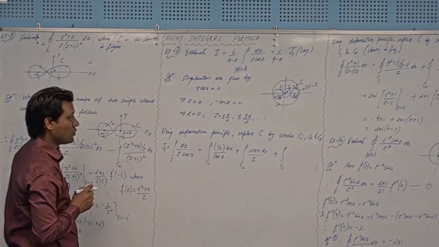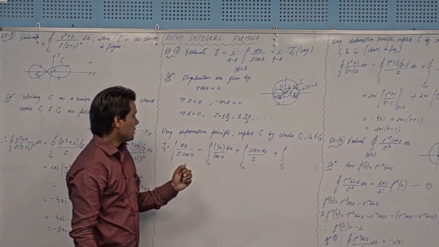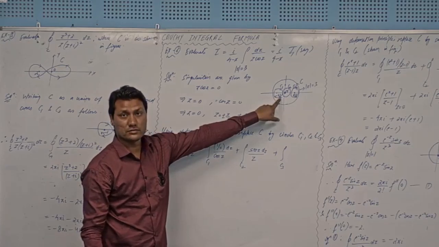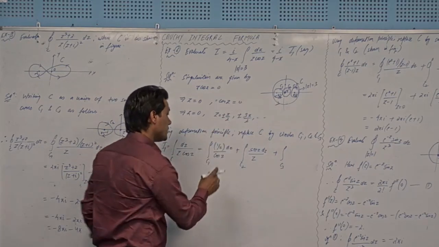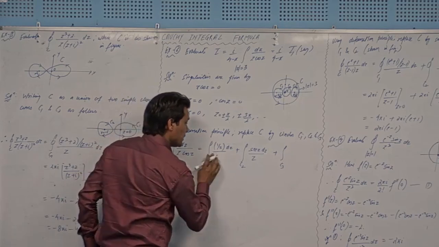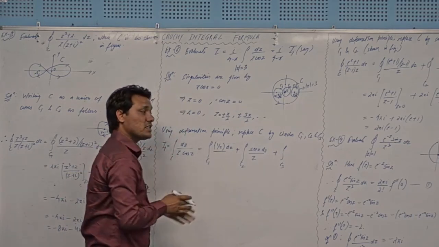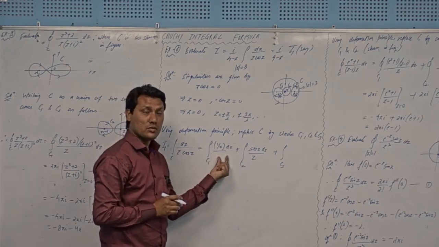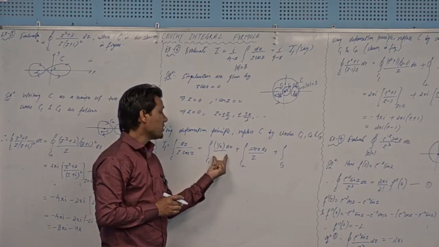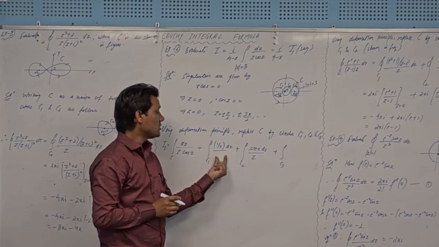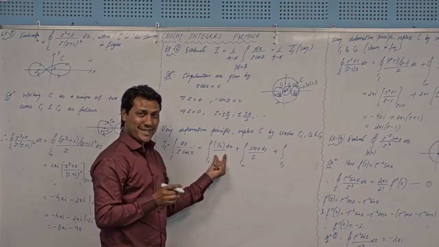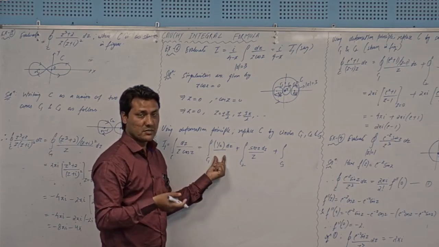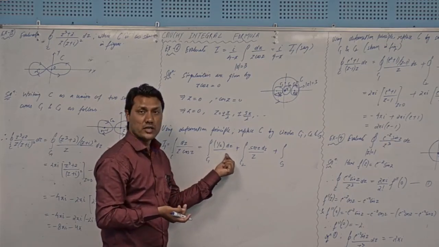No. Why? You can see that C1 is enclosing minus pi by 2, right? So the only thing you want in the denominator is that it should be written precisely in the form of that formula. The denominator of the formula is this integrand, meaning z minus a whole to the power n plus 1. The term here should be exactly similar to z minus a, meaning z minus singularity whole to the power n plus 1, right?